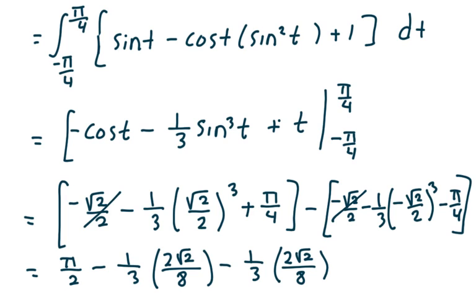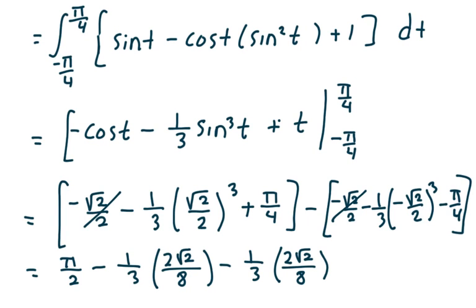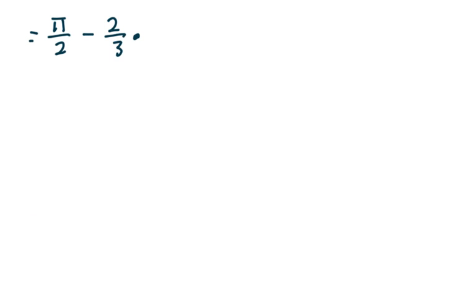And so if I go a little bit further than that, I'm going to get pi over 2 minus 2/3 times 2 root 2 over 8. And so I get pi over 2 minus root 2 over 6.